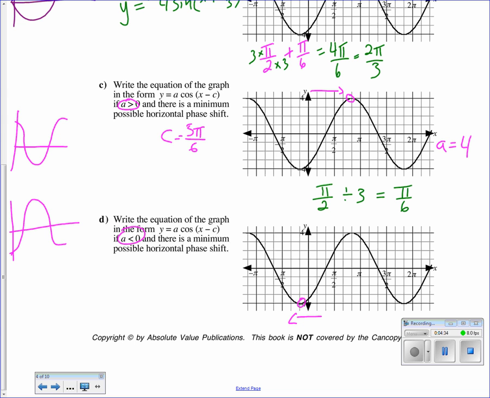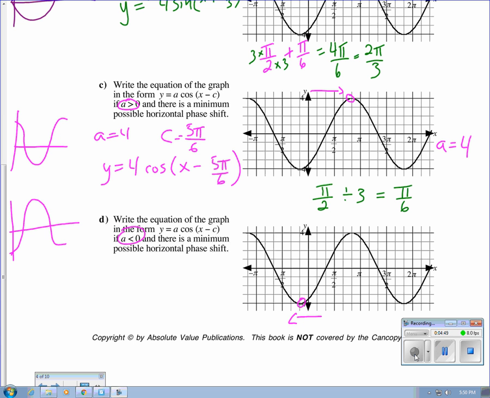My a value is 4. So I get to write this one as y equals 4 cosine. My shift is towards the right, so it's x minus 5 pi over 6. The bottom graph has just shifted over 1 division.